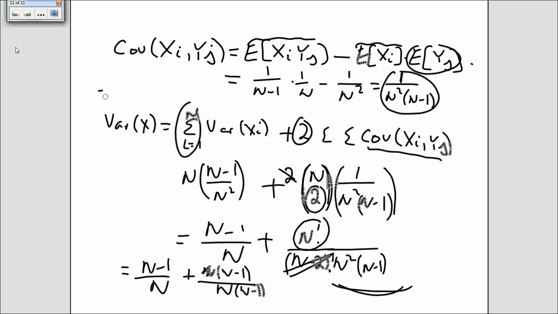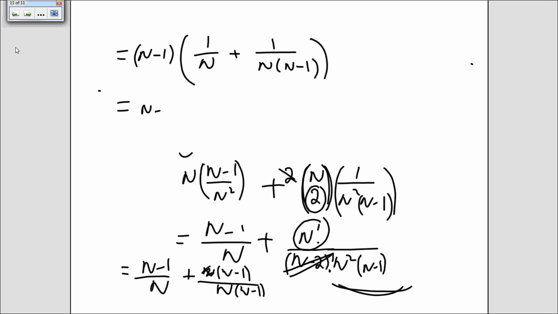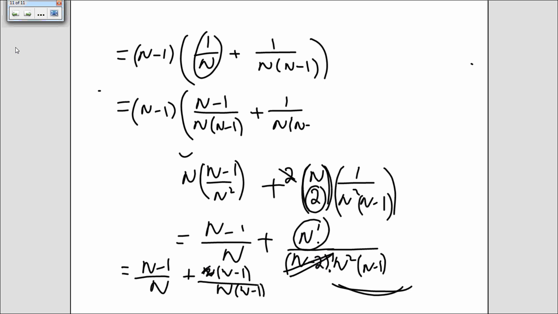Okay, let's clean this up a little bit more, and then you're going to be shocked at what we get. It's just a complicated way of writing down the following number. To make life easier, I will factor out the n minus 1. So I have 1 over n plus 1 over n times n minus 1. This is n minus 1 in front times, multiplying top and bottom by n minus 1, n minus 1 over n times n minus 1 plus 1 over n times n minus 1.